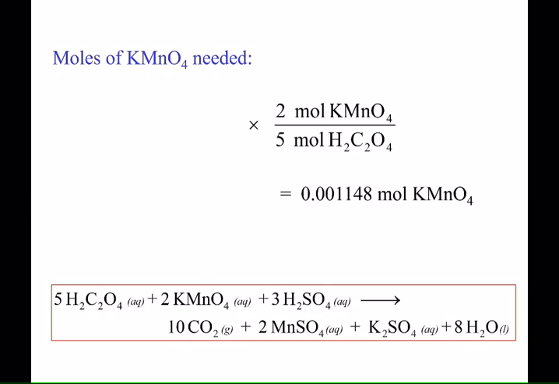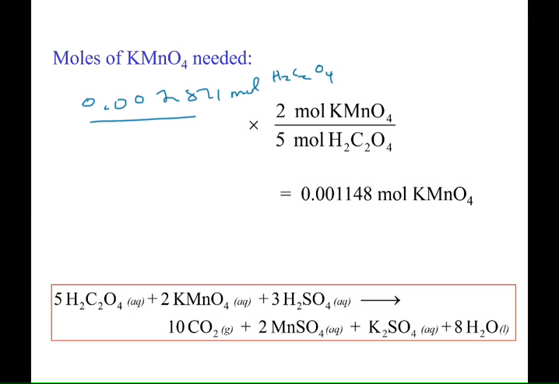Looks like this term right here, how silly, should be 0.002871 moles of H2C2O4, sorry, over 1. Then units of moles of H2C2O4 will cancel. We're left with moles of KMnO4, which is great. And notice we round to 4 significant figures.